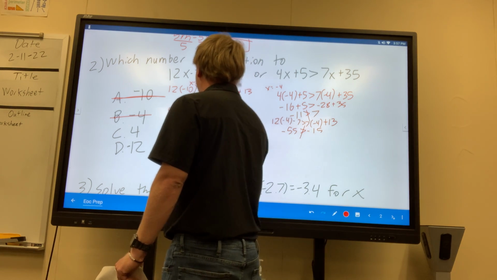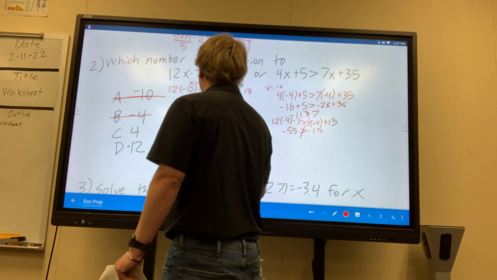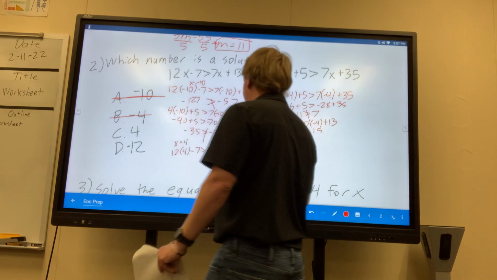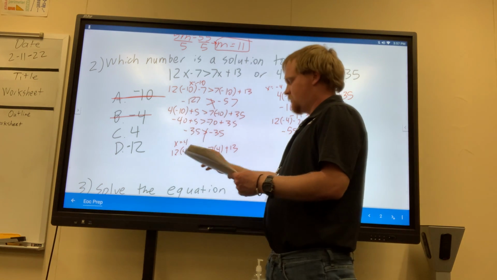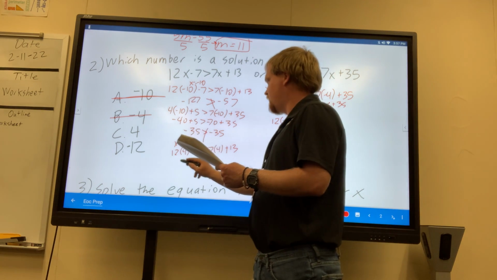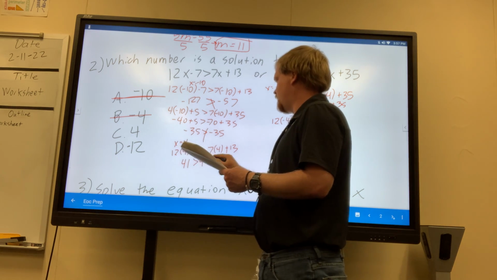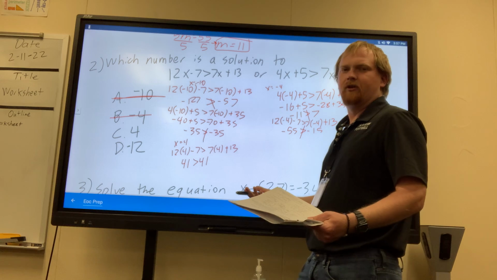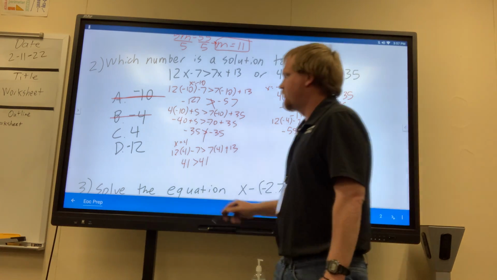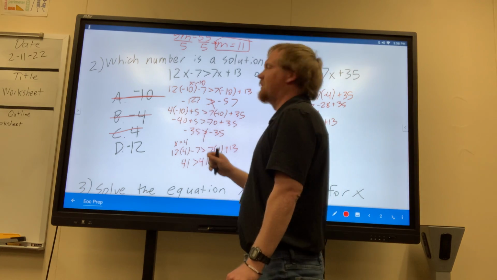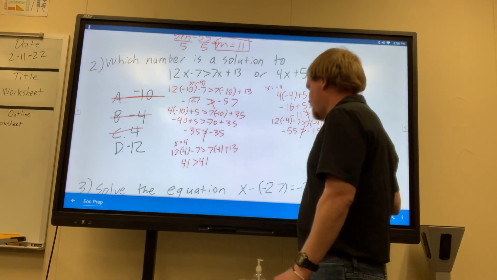So 12 times 4 minus 7 greater than 7 times 4 plus 13. This would give me 41 greater than 41. Well, it's equal to itself, but it's not an equal to, so this wouldn't work. Well, wait, I gotta make sure to check the other one.